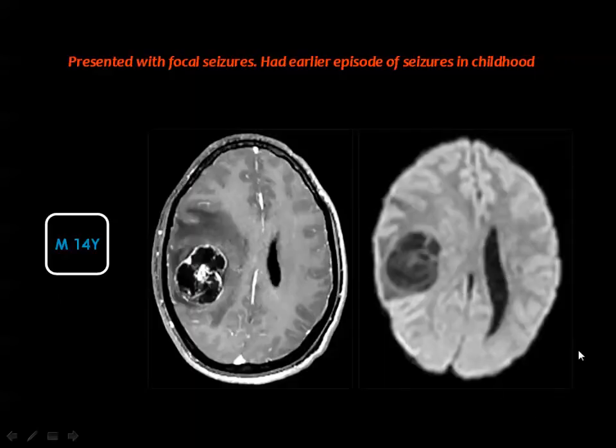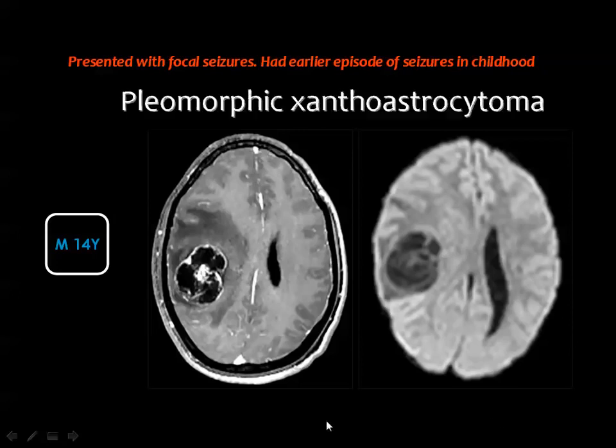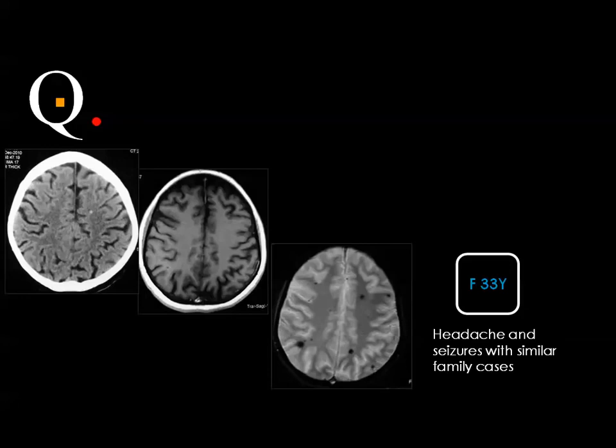And this is the PXA. If you look here, you see the nodule with a cystic component, but in the diffusion weighted images, you got free diffusion. And this is pleomorphic xanthoastrocytoma. And the nodule here is not superficially located. And I have said also that many of the rules are not absolute. Right.